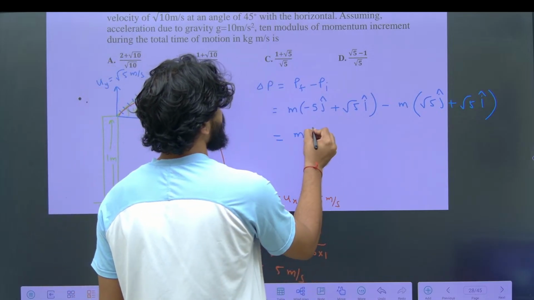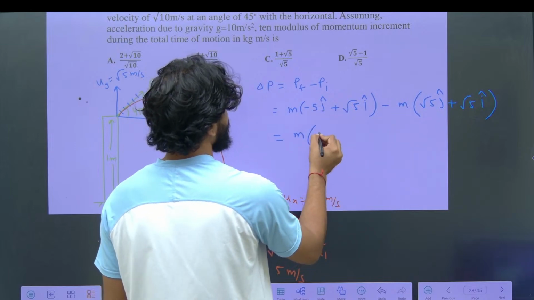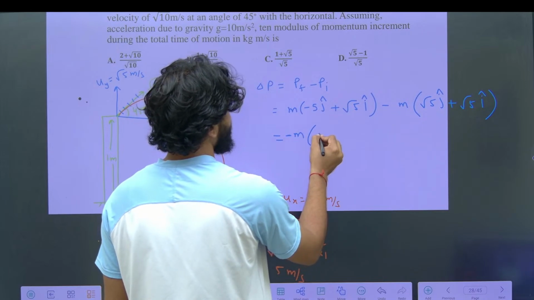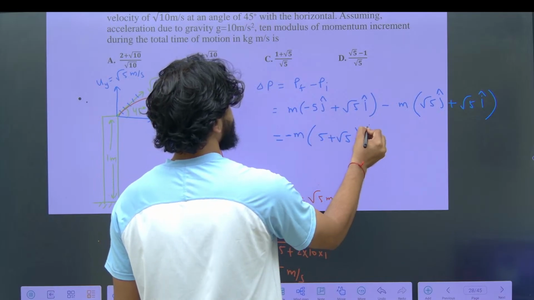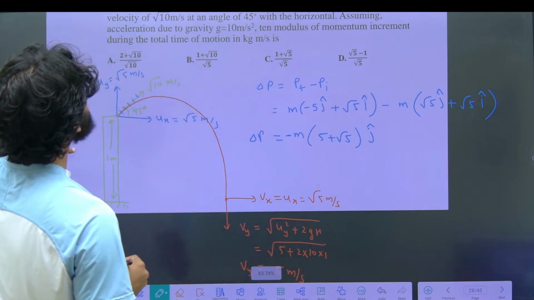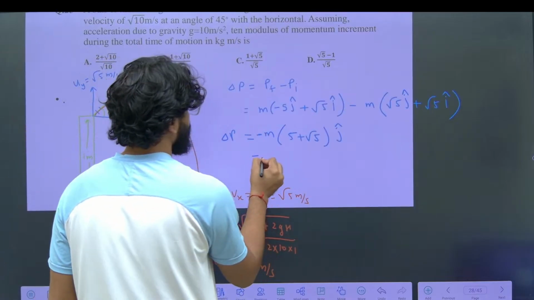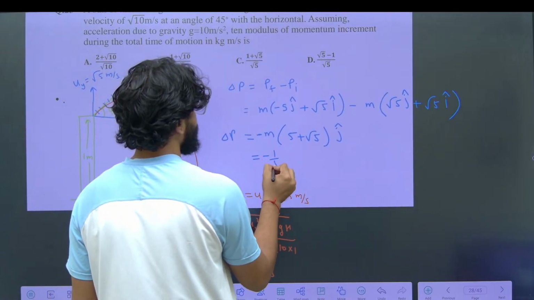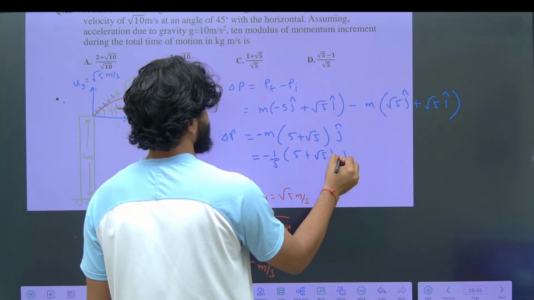So m into, both of them being negative, we can write negative 5 plus root 5 j cap. And the value of m is 0.2, so it is 0.2 or 1 by 5. Correct?